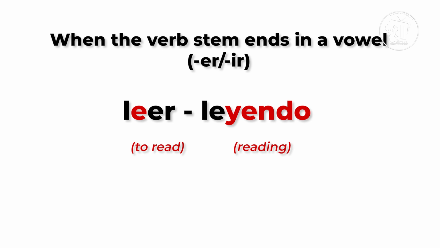If we remove this ending, ER, we are left with a stem, LE. For these cases, whereby the stem ends in a vowel, you do not add IENDO. Instead of I, we substitute a Y, YENDO. So to say reading, it would be leyendo.